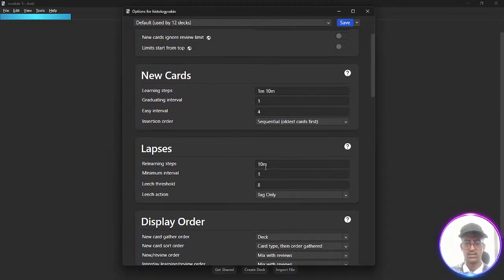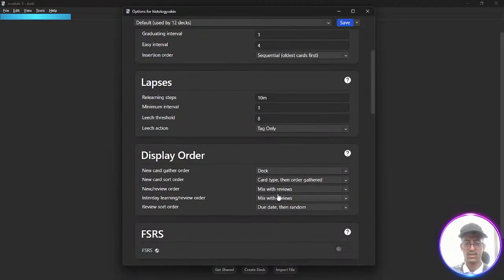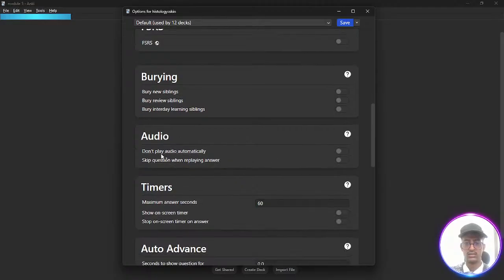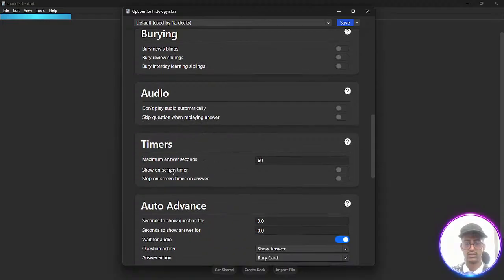Learning steps, target 6 tags, display order, new card gathered order, card bury. Audio: don't play audio automatically, skip questions when replying, timers show on screen. Okay, cool. Stop on screen, timer on answer.